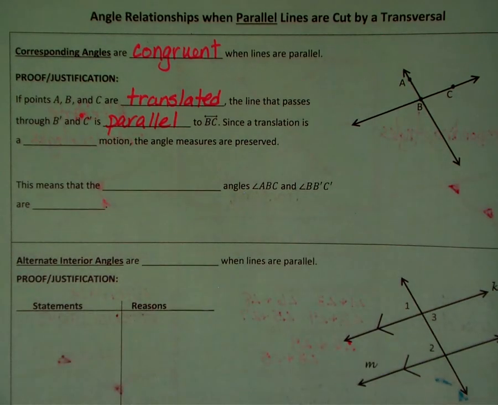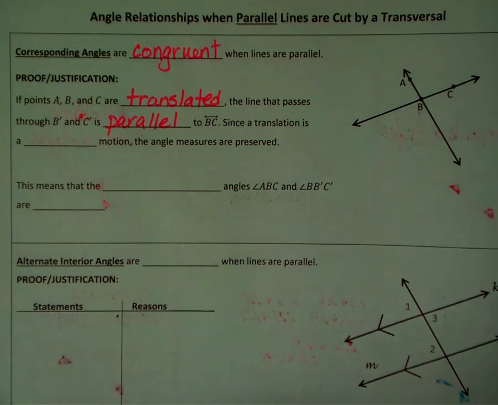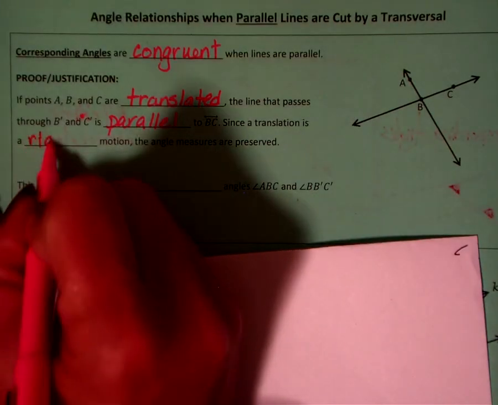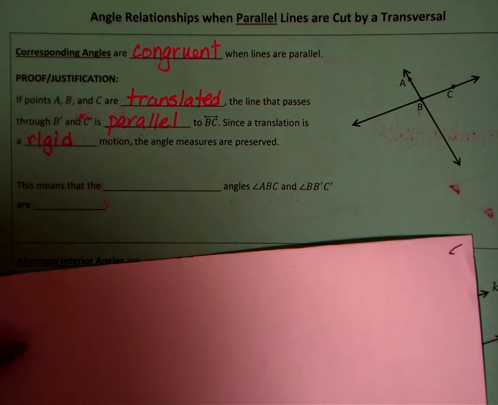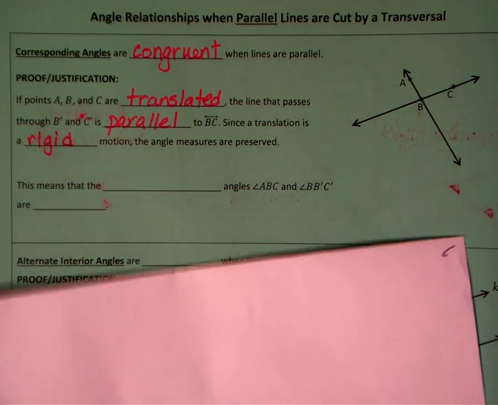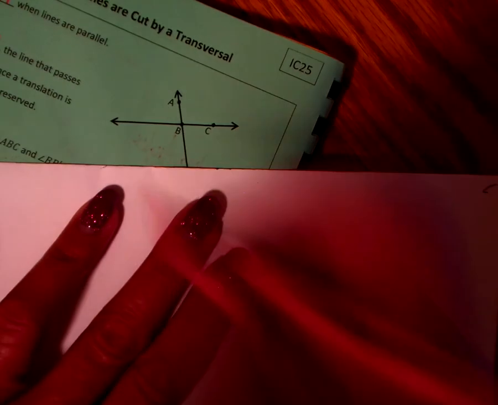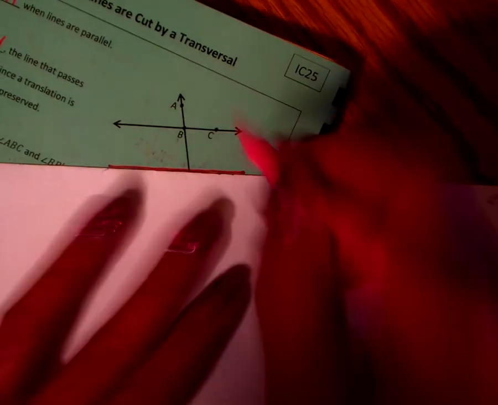Okay, so it's going to be parallel. So look, straight edge. Since the translation is a rigid motion, remember that from earlier, the angle measures are preserved. So this would be like if we had a parallel line here.